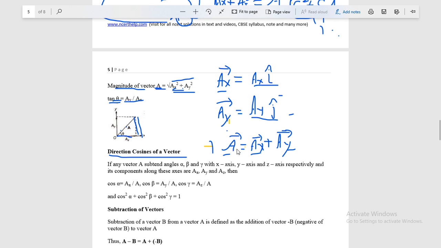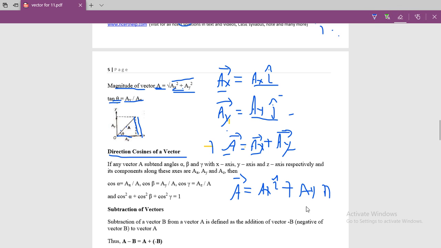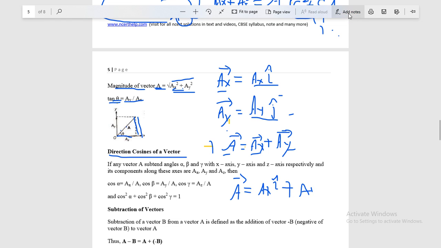So you can write vector a is equal to ax I cap plus ay j cap.